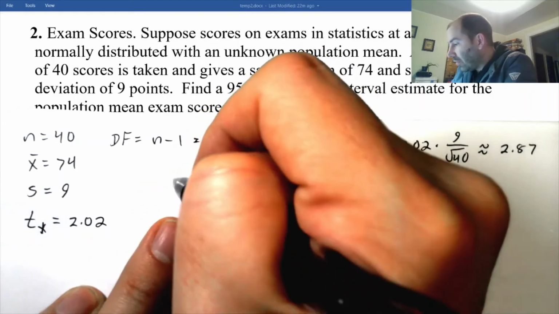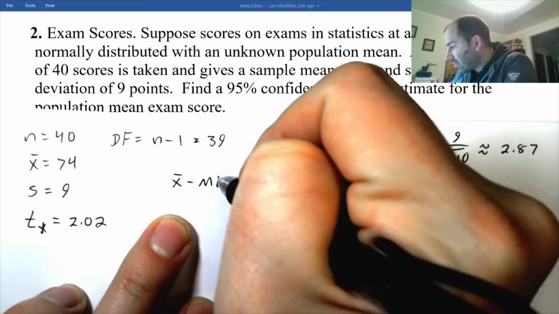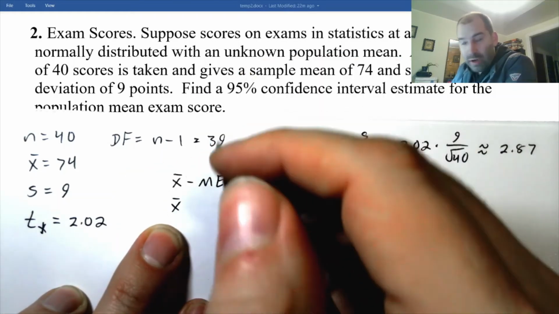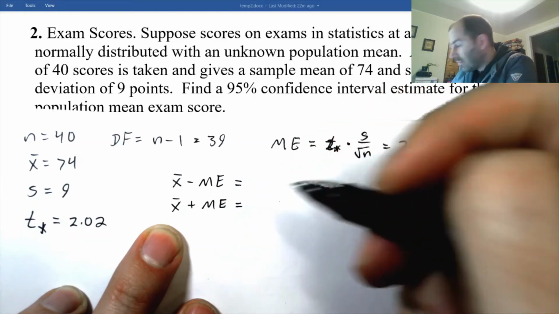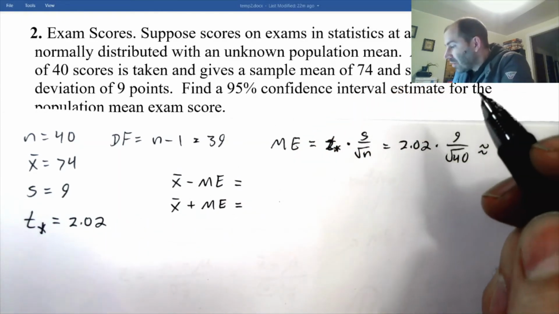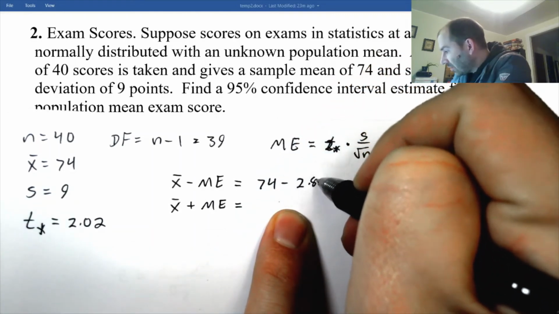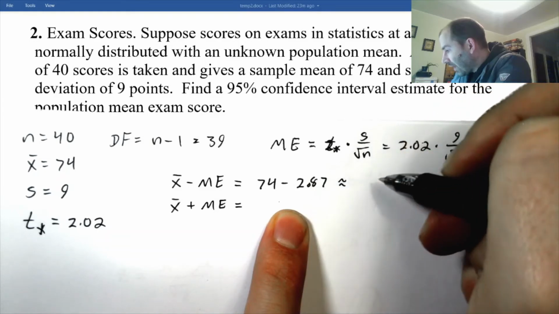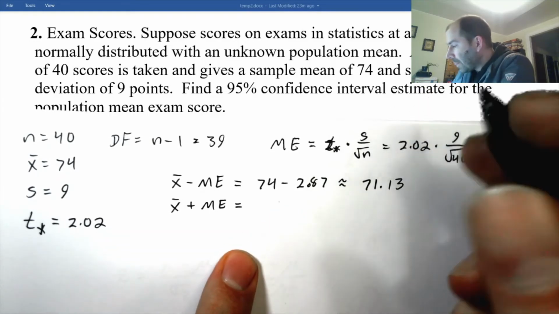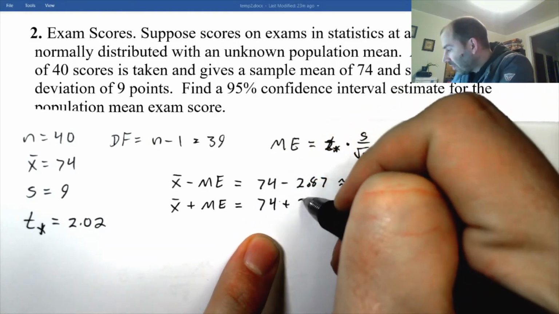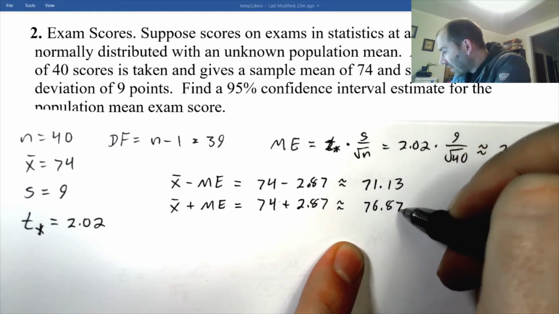Okay, so now we compute our confidence interval endpoints. I'm going to take x bar minus the margin of error, and x bar plus the margin of error. So what's x bar? It's 74 minus 2.87, and that is 71.13. And I'm going to take 74 plus 2.87. That is 76.87.